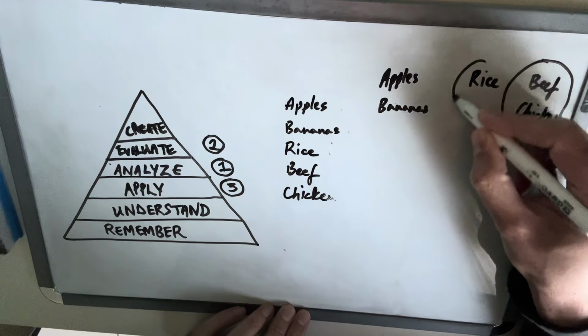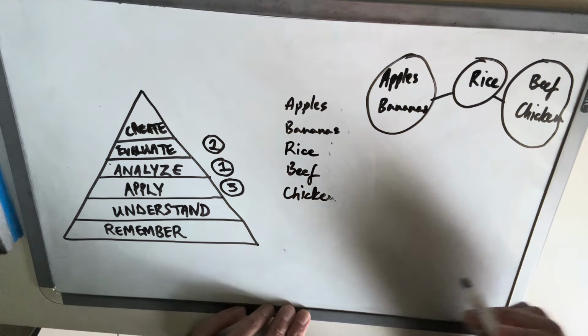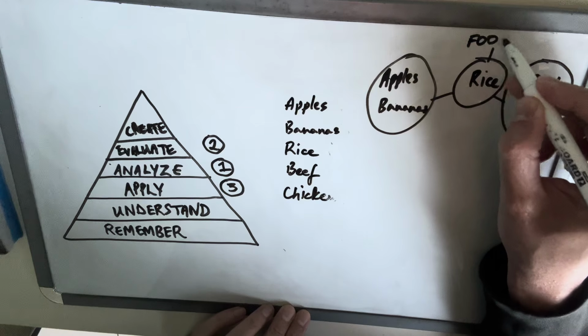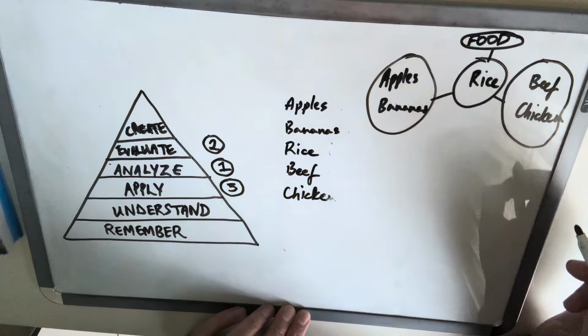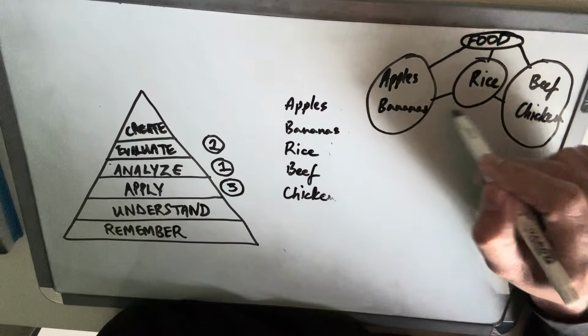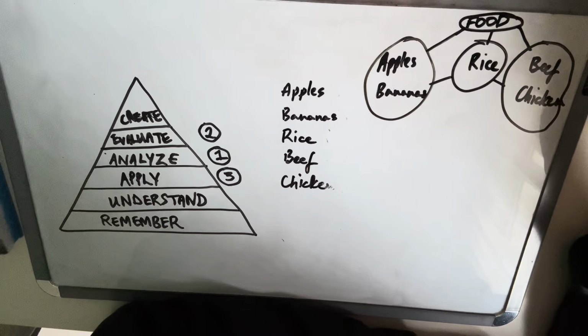So we make 3 groups of words, all interconnected. Why? Because they all fall under the group of food. Essentially, all of these are related to food, and they are food.